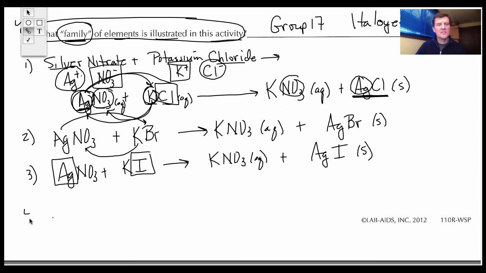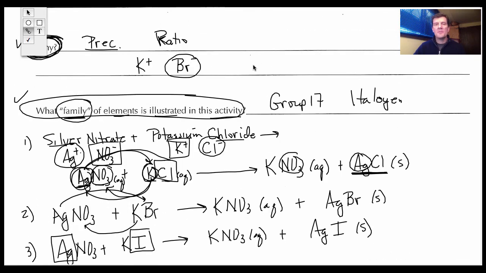This is silver nitrate again. And this time we're going to have potassium sulfide. Well, that's going to be a little bit different. Why? Because potassium is a +1. Sulfur is in group 16 with oxygen. That group likes to form 2 negative ions, a -2 charge on the ion.